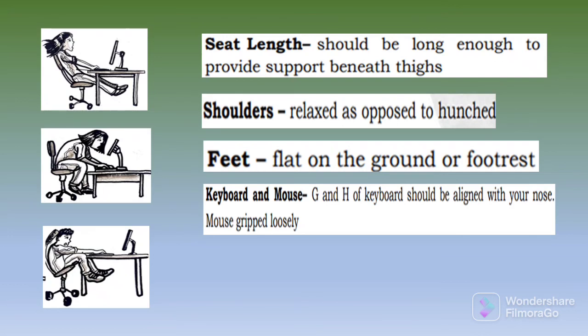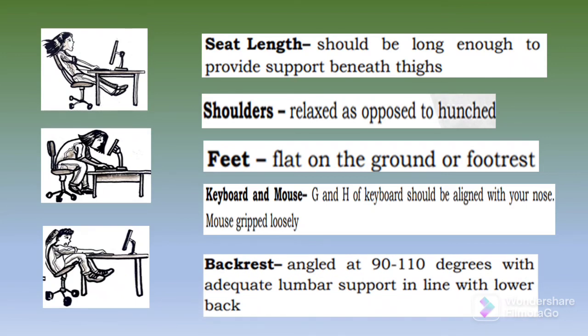Mouse grip loose. And your backrest should be aligned at an angle of 90 to 110 degrees with adequate lumbar support in line with lower back. Did you get it all correct? If not, you may go back to the topic of ergonomics and review the lesson.